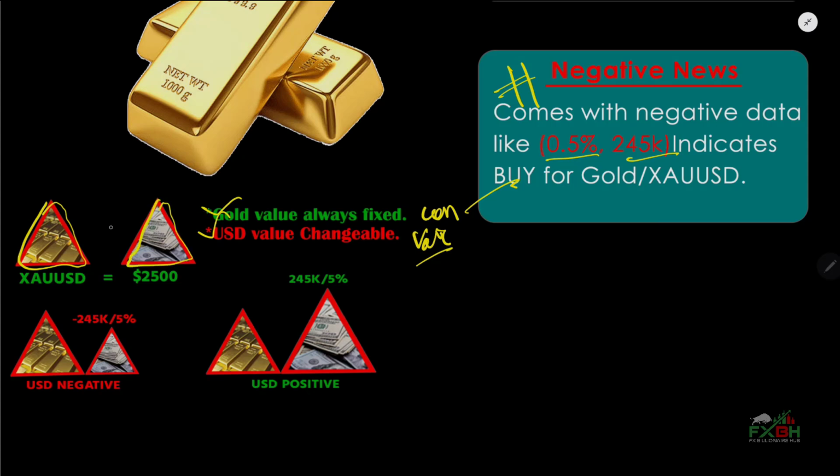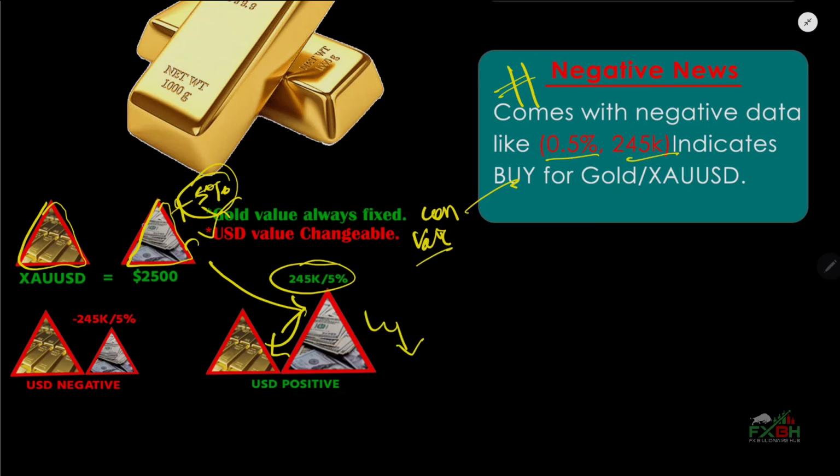If we add plus 5% on USD, that means news comes that there is 5% inflation on USD, so we add 5% to this triangle. This triangle will be 5% bigger than the previous one. In that case news is positive, that means green news, and gold is smaller than USD, so we have to sell gold.